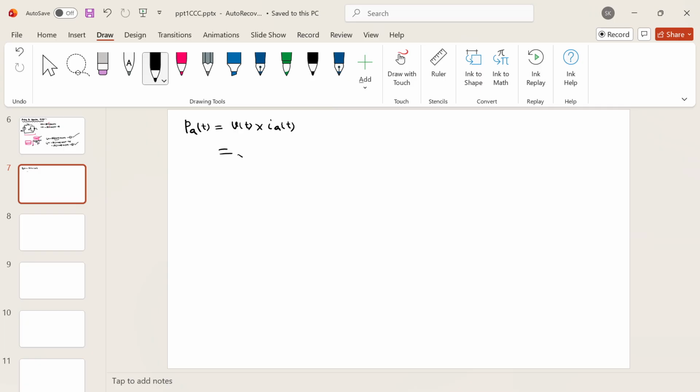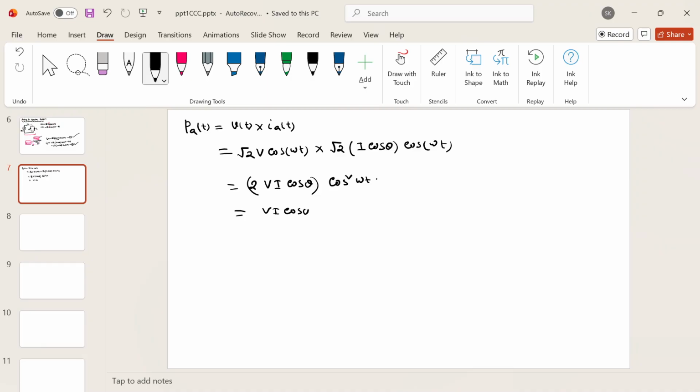Okay, so here I have root 2 V cos of omega t into root 2 I cos theta cos omega t. Okay, so you will get 2 VI cos theta cos square omega t. So you will get VI cos theta into 2 cos square omega t.